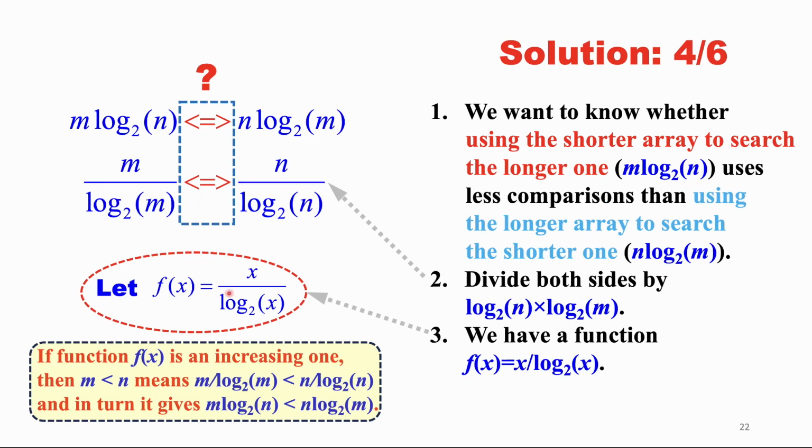That is, m over log 2m is less than n over log 2n. So we multiply both terms back, we have this. So our conclusion here is, if we could prove function fx is an increasing function, then we should use the shorter array to search the larger array. And here we have a less than sign. So our goal is proving fx is an increasing function.